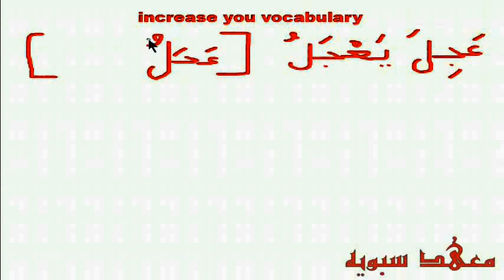Then the present tense. And then after that, obviously the masdars in the brackets, which is ajal, and ajala with the ta marbuta at the end. I'm not going to write that, but you can write that down as well.